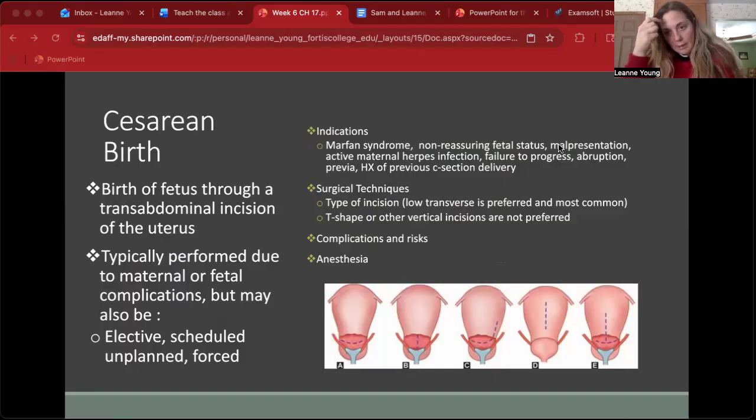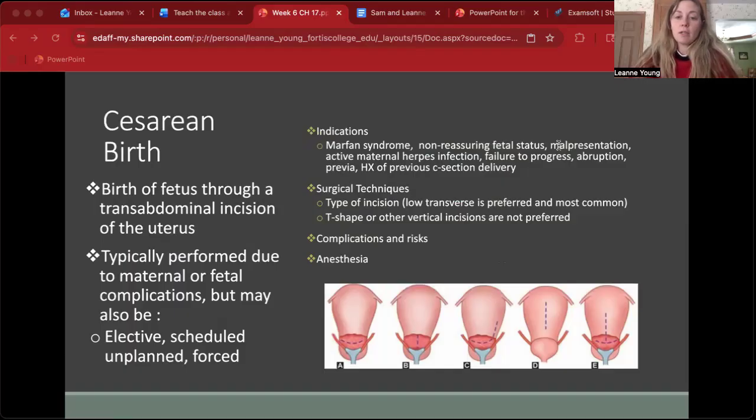An unplanned C-section or emergency or stat C-section would be forced. No, an unplanned or emergency stat C-section occurs typically because of fetal distress or because of maternal distress. Okay, so something has happened in labor that has shown us that we need to take this mom back to the OR now.